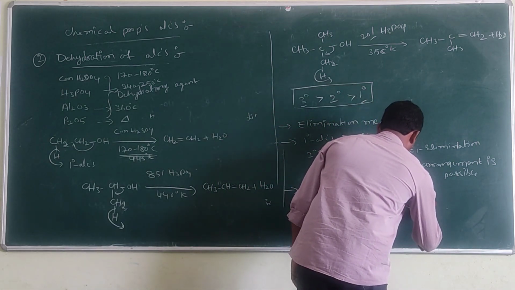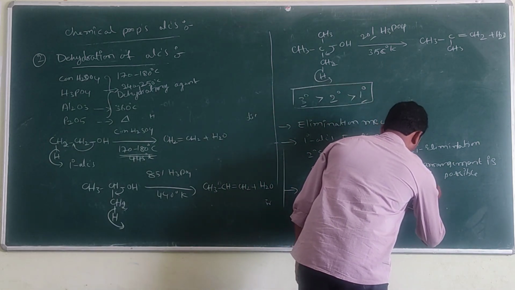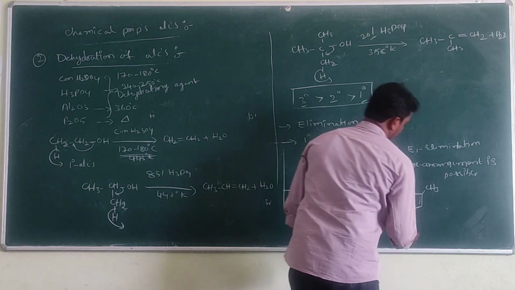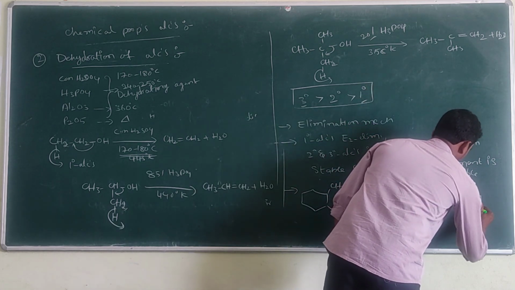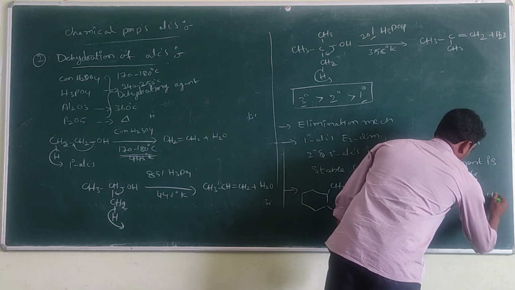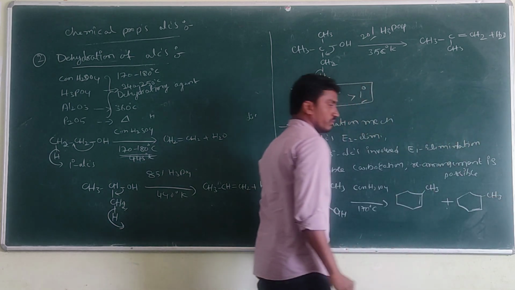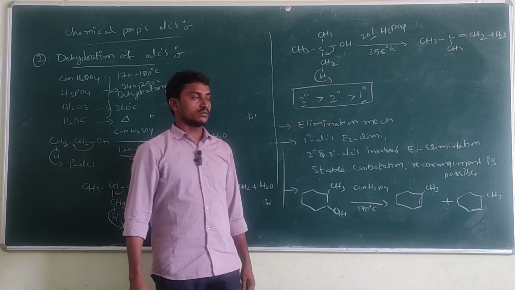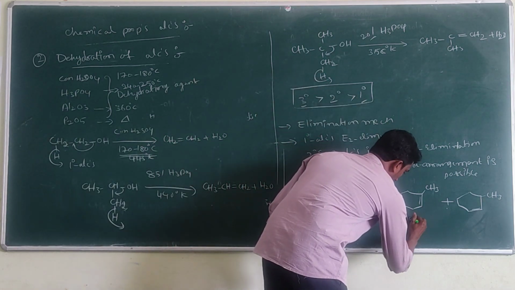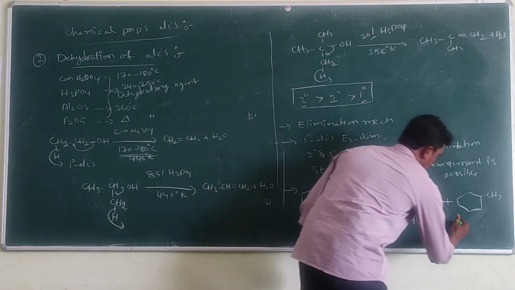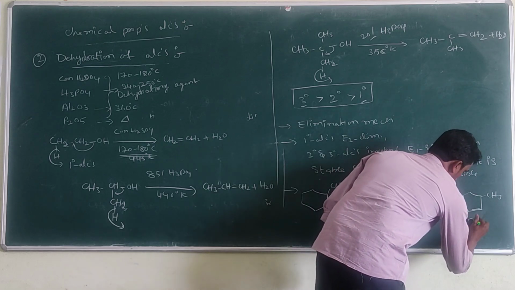One is this one and the other one is this one. Which one is major? This is the major product, and this is the minor product.